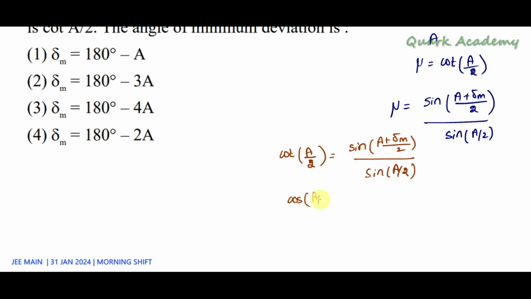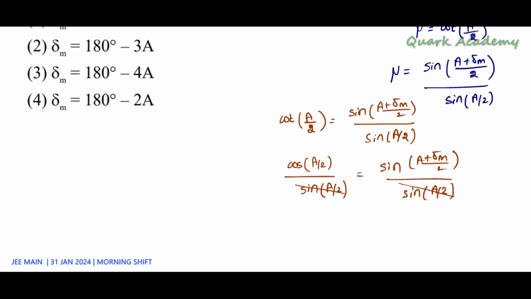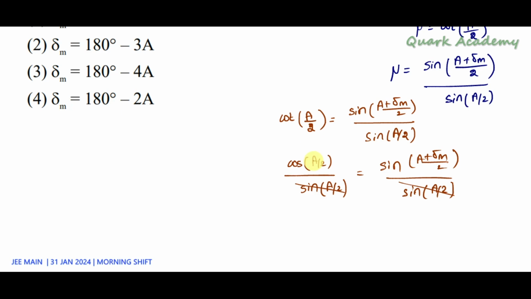So it will become cos of A by 2 divided by sine of A by 2, and that is equal to sine of (A plus delta min) by 2 divided by sine of A by 2. So this sine A by 2 on both sides will get cancelled, and the remaining thing will be the numerators of both sides, which is cos A by 2, that is equal to sine of (A plus delta min) by 2.